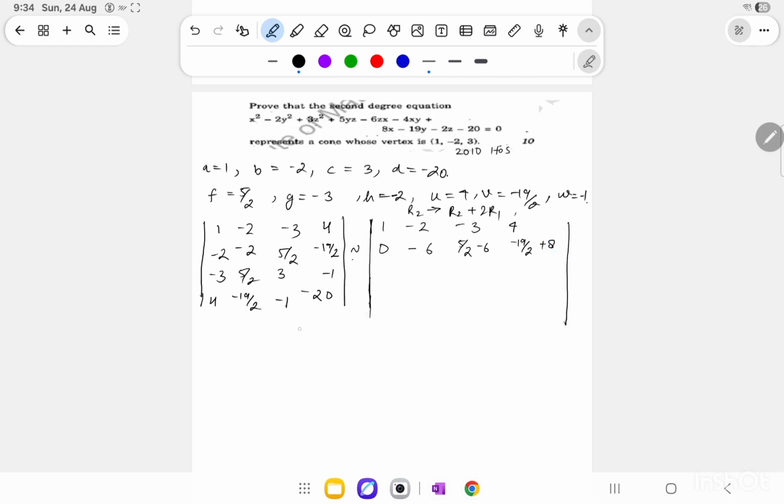For R3, I'm using another elementary operation, R3 as R3 plus 3 R1, which is 0, 5 by 2 minus 6, 3 minus 9, minus 1 plus 12. And R4 I am using as R4 minus 4 R1, that will be 0, minus 19 by 2 plus 8, minus 1 plus 12, minus 20 minus 16.